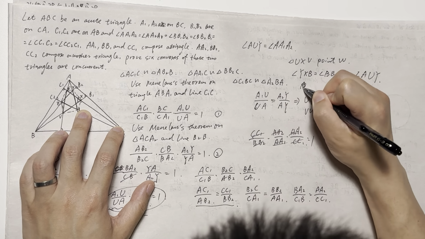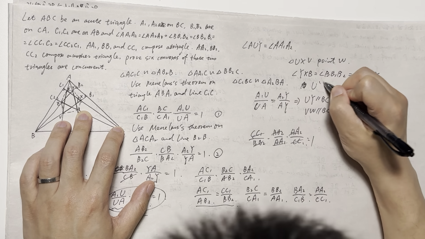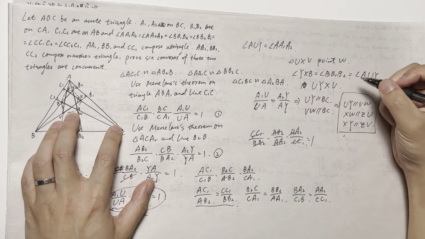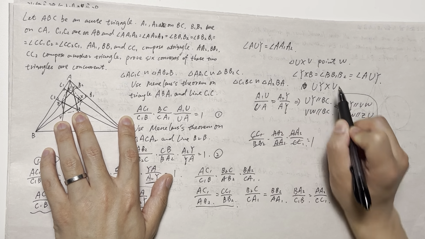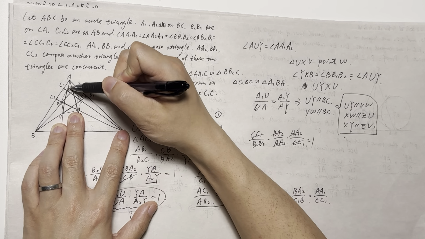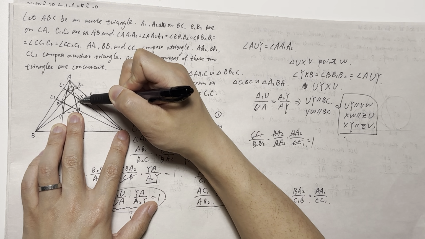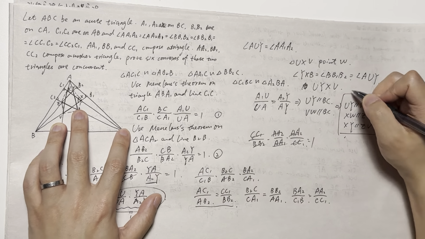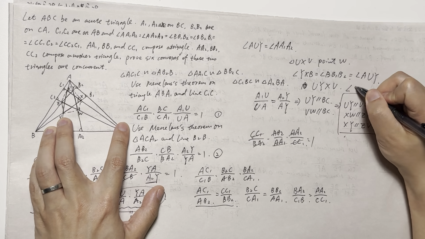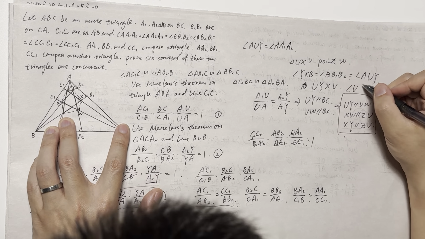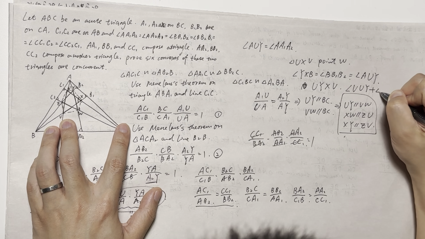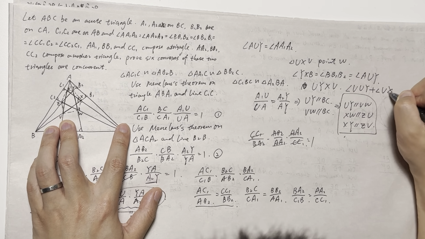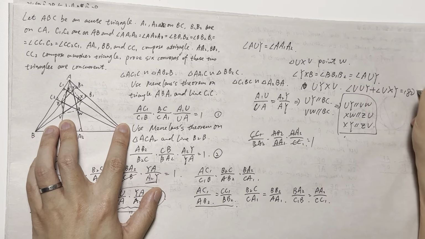That means for the quadrilateral UYXV, right? For the quadrilateral UYXV, this angle equals this angle. That means angle VUY plus angle VXY equals 180 degrees.